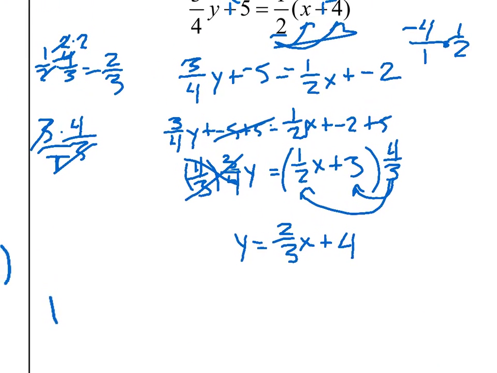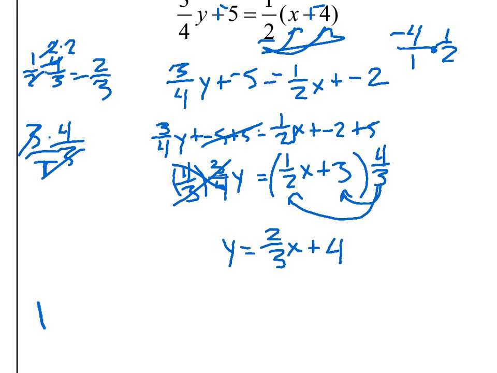So Liana, what am I plugging in for my y? 8. Good. Plus -5 is equal to 1/2. And what am I plugging in for x, Liana? 6.